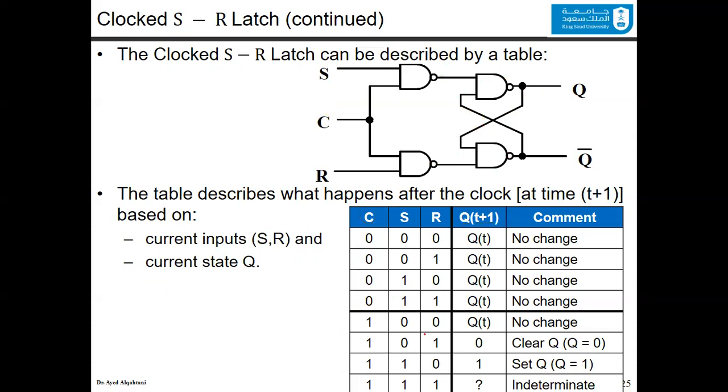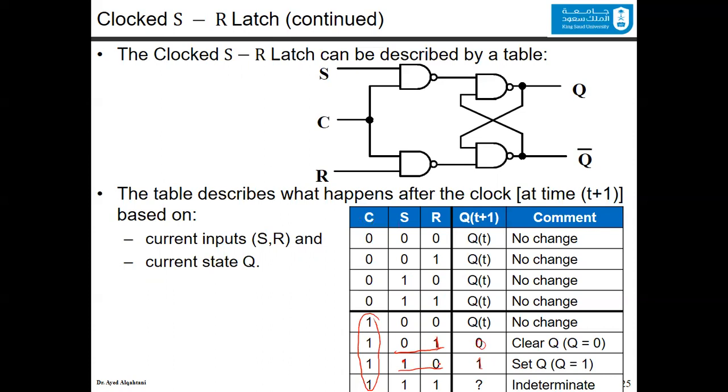Now, if the control value or the clock value is equal to 1, now you see the behavior of the SR latch. If you make it 0 and 1, meaning that you want to reset, because now the R is active, the value of the Q is going to be 0. If you have it as 1 and 0, this means that you want to set. So you are setting the Q to 1. When R is equal to 1 and S is equal to 0, you are resetting.